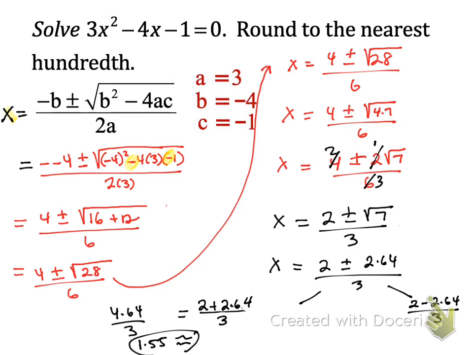Okay, and the other one is negative 0.64 hundredths. So this becomes negative 0.64 divided by 3, and that becomes negative 0.21.